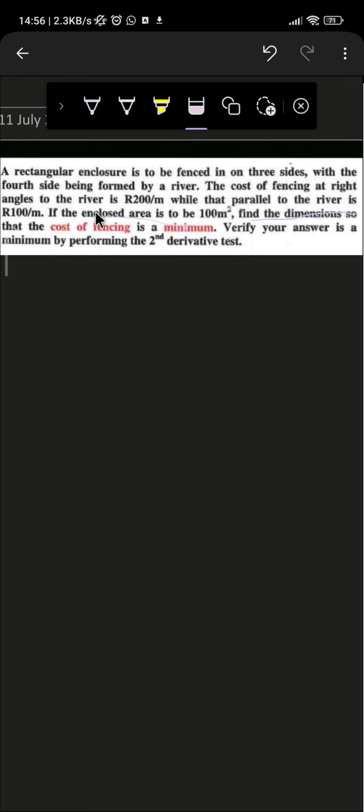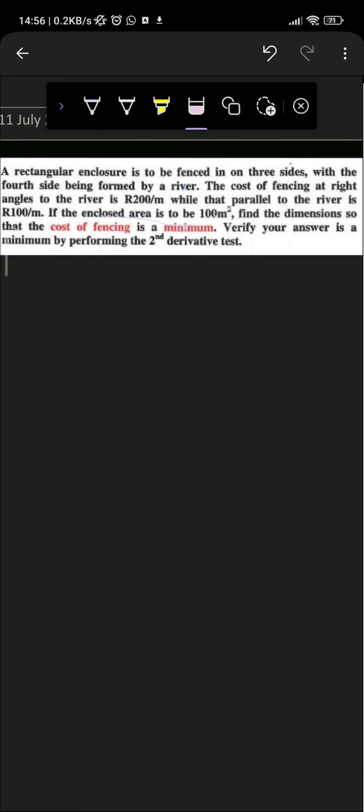If the enclosure area is to be 100 meters squared, find the dimensions so that the cost of fencing is a minimum, and verify your answer is a minimum by performing the second derivative test.